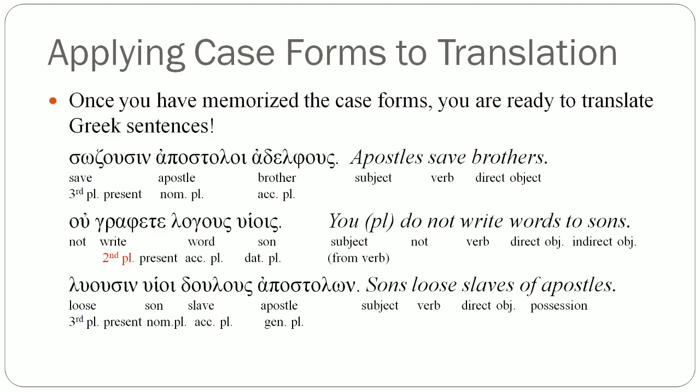Doulos is accusative plural of slave or servant. So sons loose slaves. Now, which slaves are we talking about? Apostolon, genitive. The genitive gives you possession, so you translate of, slaves of apostles. We don't know if any apostles kept slaves. I hope they didn't. But anyway, that was one of the sentences.